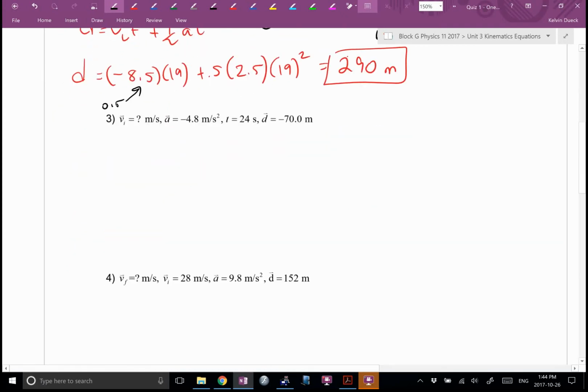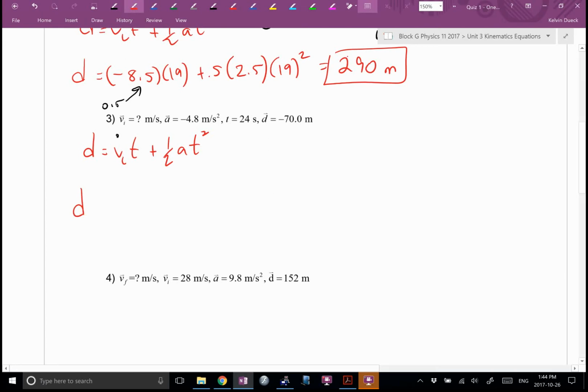Number 3. Same equation, isn't it? D equals VIT plus a half AT squared. Ethan, what are we trying to get by itself? Really? This is a tricky one. I'll put a little dot right there. What's going to drop down like a domino, Ethan, my friend? I agree. Then what?